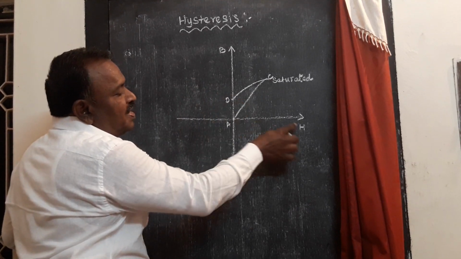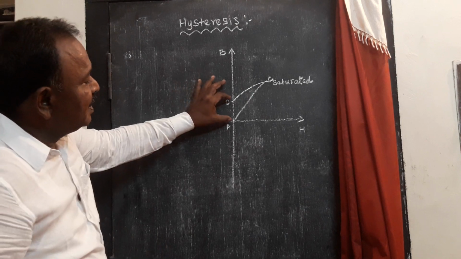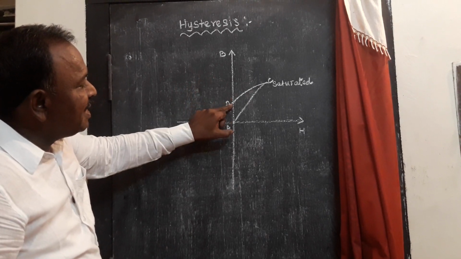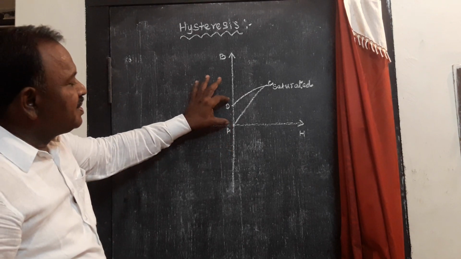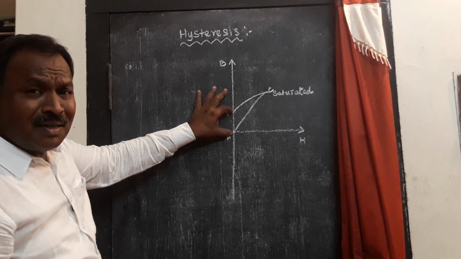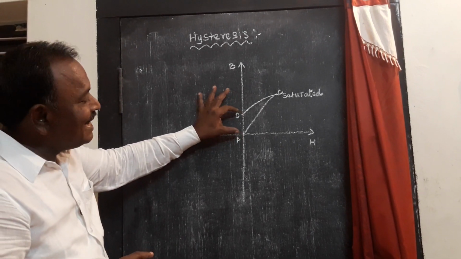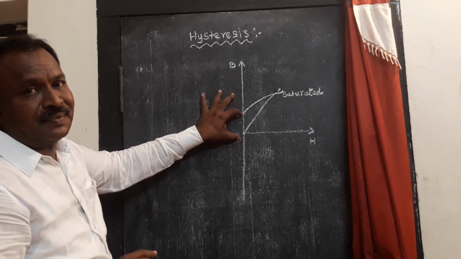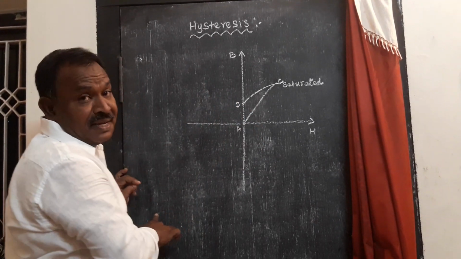When the magnetizing field becomes 0, the magnetic material still retains some magnetic property. This magnetic property retained in the material is called retentivity. So here AD represents retentivity.